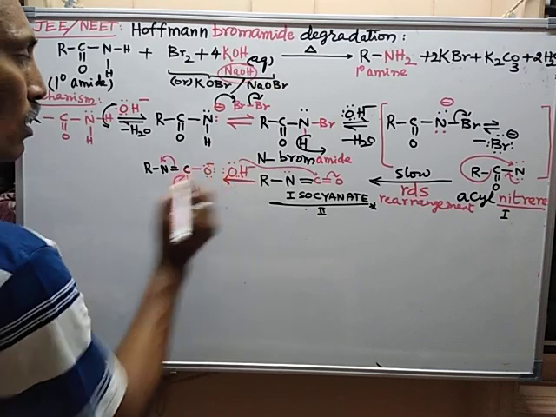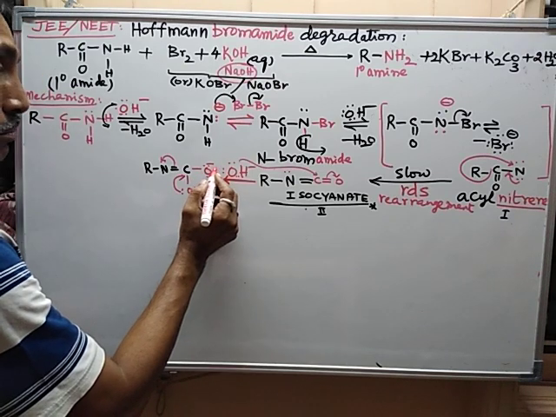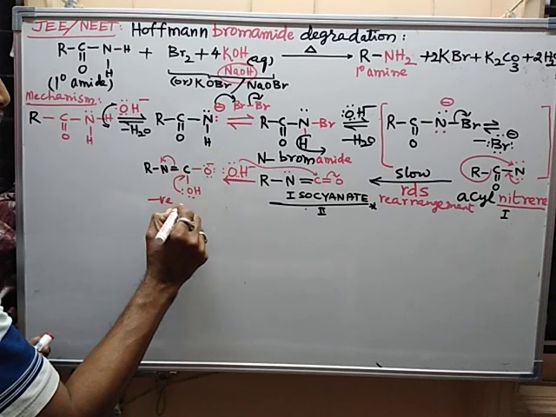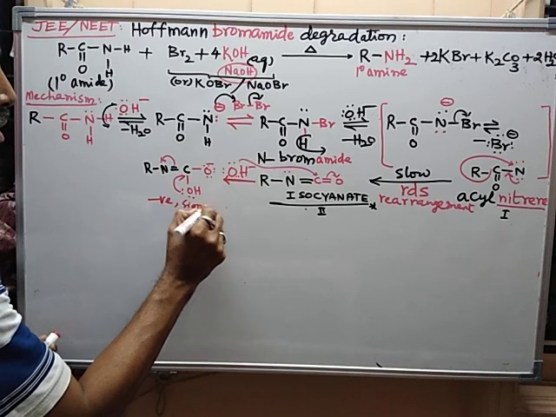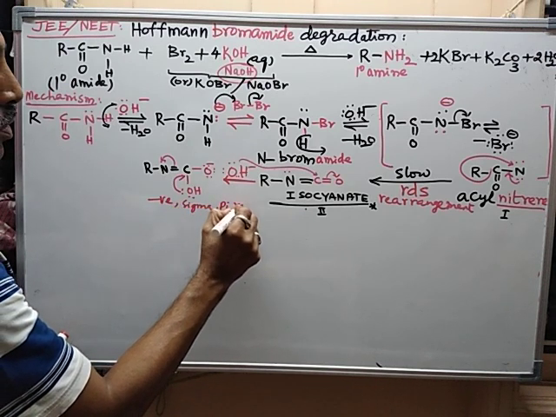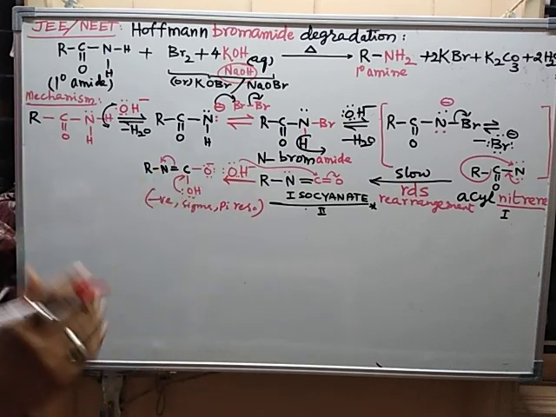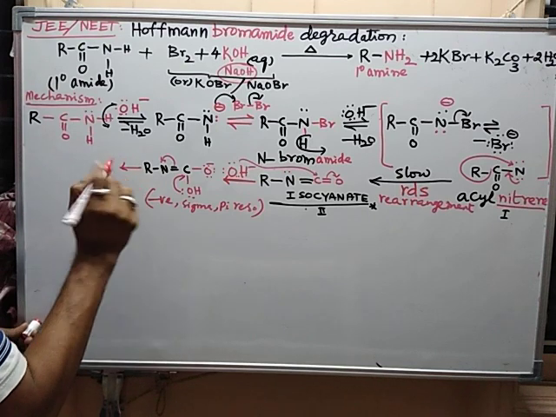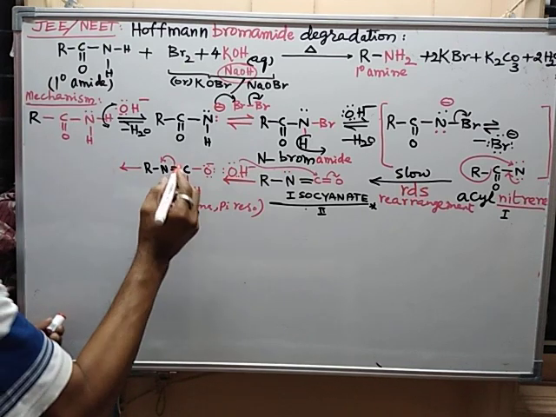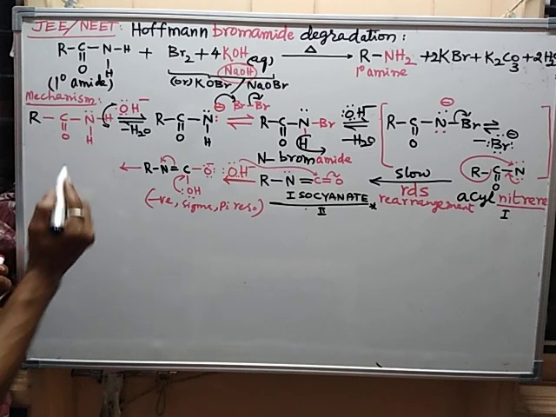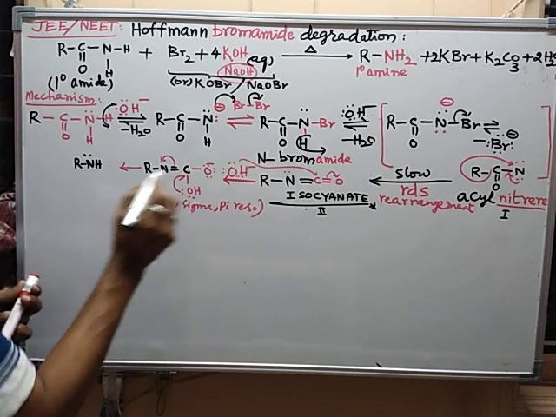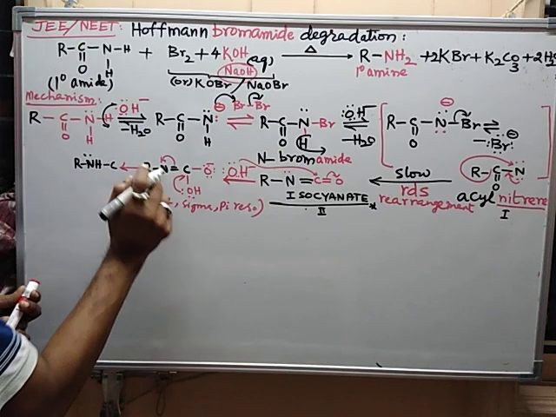Why? Because of the anion, the negative charge, sigma bond and pi electrons. This is a negative sigma pi resonance, for the understanding purpose. Then what is the result? Very simple. It is rearranged like this: RNH, and this hydrogen is also migrated.